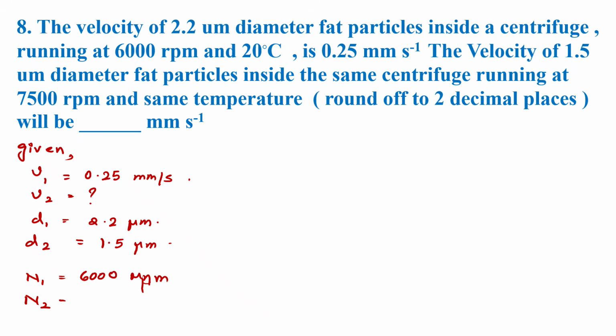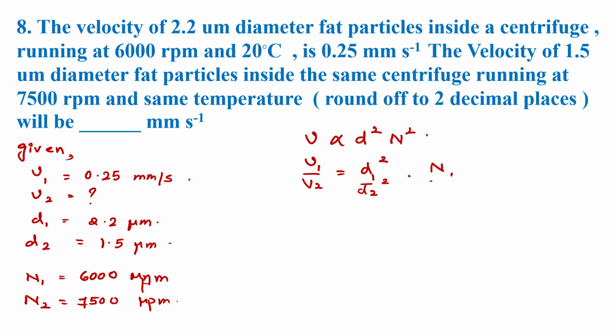Now we know the formula that in the centrifuge the principle of sedimentary velocity, that is V is directly proportional to diameter square and its rpm. So we can just write the formula V1 by V2 is equal to D1 by D2 square into N1 by N2 square. We'll just put the value over here and calculate V2.